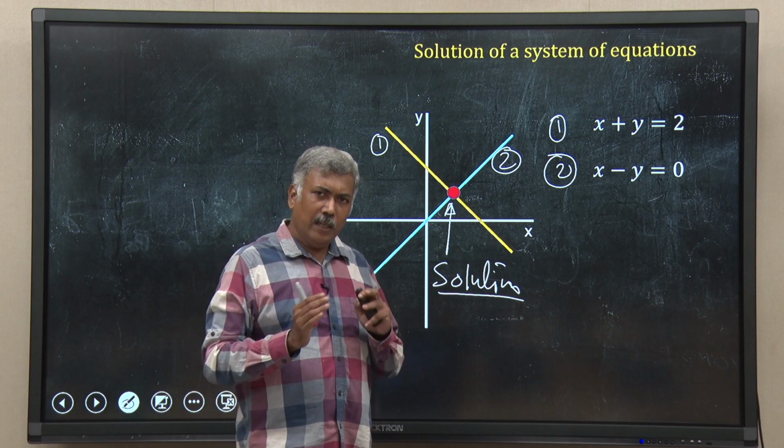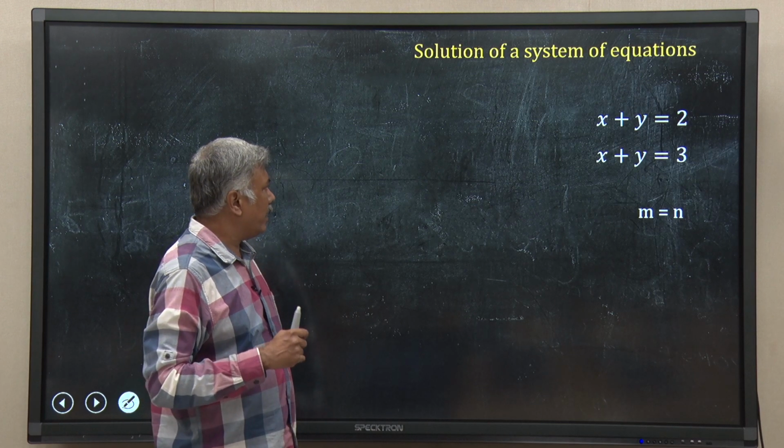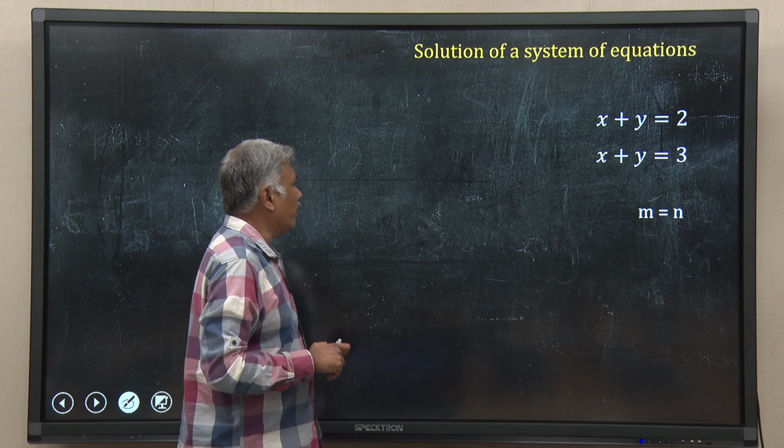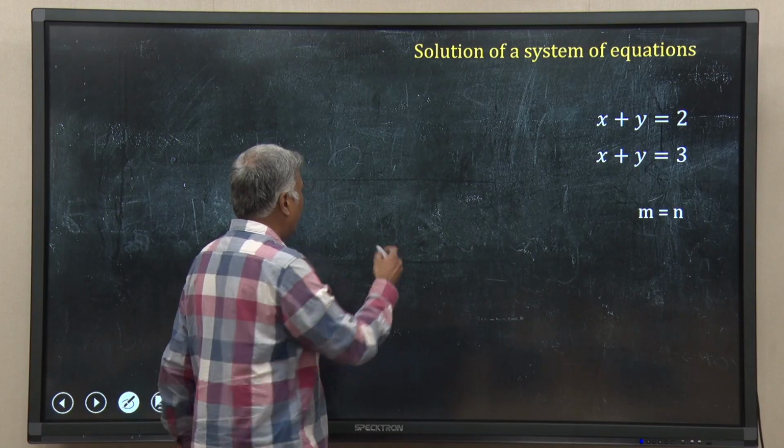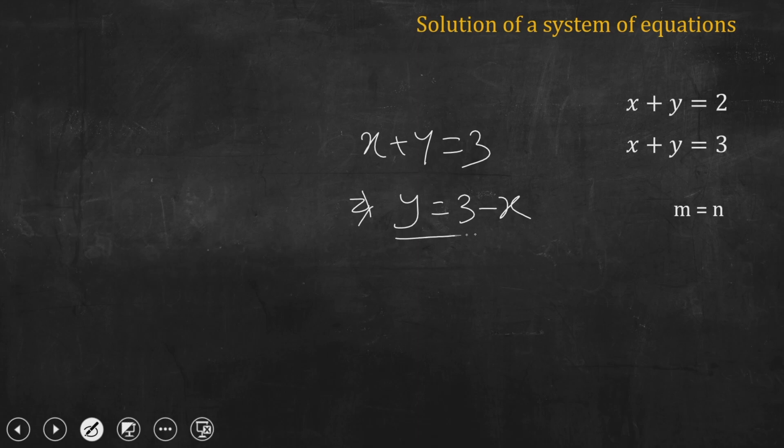All of them are simple, but they will have different behavior. Let us take the first one, x plus y equal to 2, x plus y equal to 3. Just try to solve it. The second equation gives me y equal to 3 minus x. Then I take that and put it in the first equation, x plus y equal to 2.